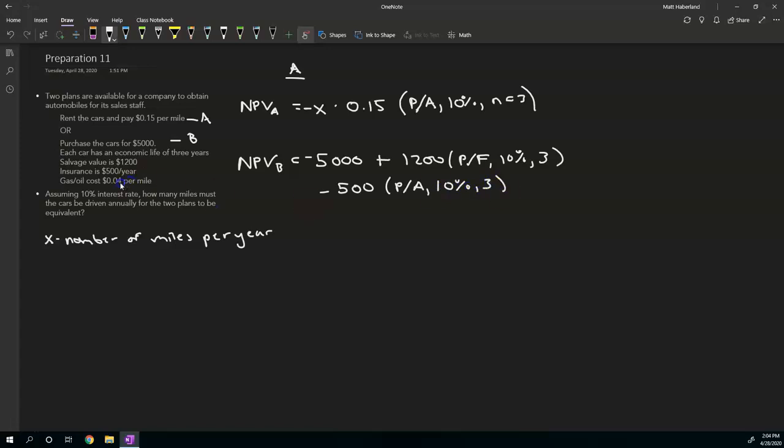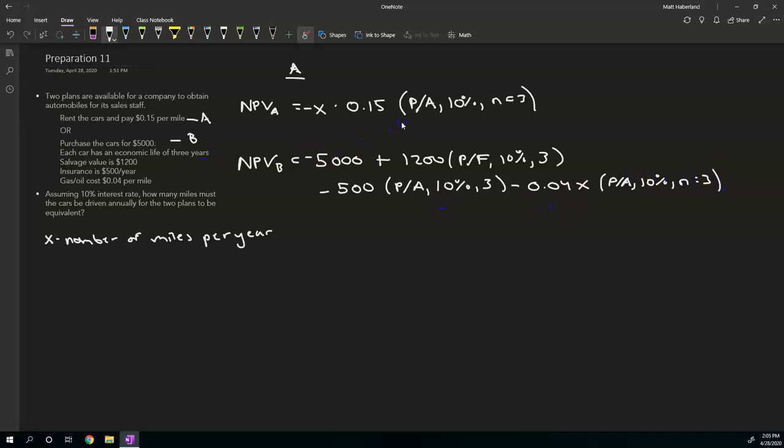And 4 cents per mile per year: we're going to have the same sort of thing. We have 0.04 times x, and then multiply by the discount factor. It's an annual cost that depends on the number of miles you drive in a year. So you multiply the cost per mile times the number of miles per year times the discount factor that converts that annuity into a present cost. So we'll get the P over A from that.